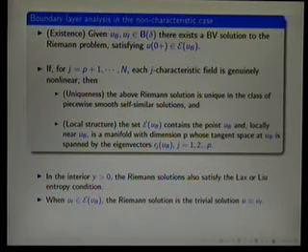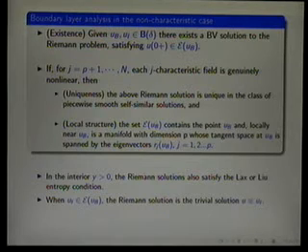So I'm assuming now that each characteristic field is genuinely nonlinear, and we can show, first of all, a uniqueness result: that the Riemann solution is unique in the class of piecewise smooth self-similar solutions. So meaning that your boundary set is fine, it's not too large somehow.